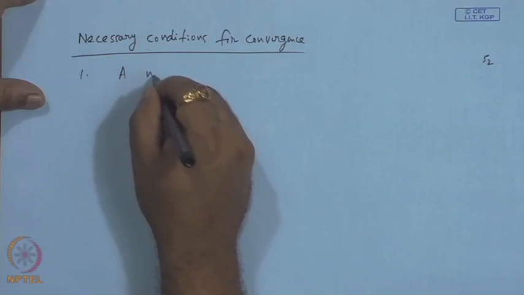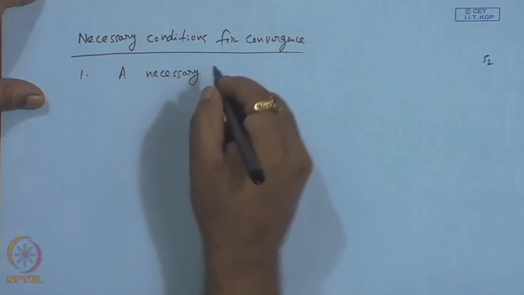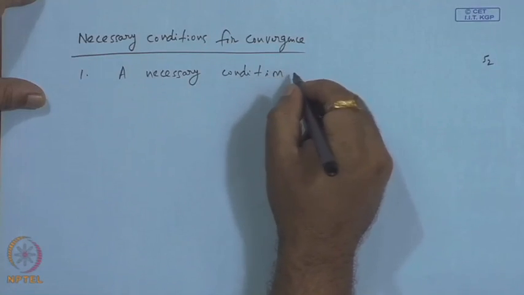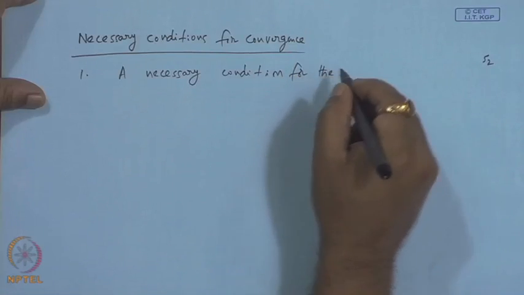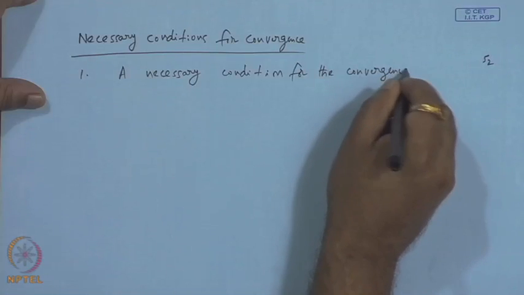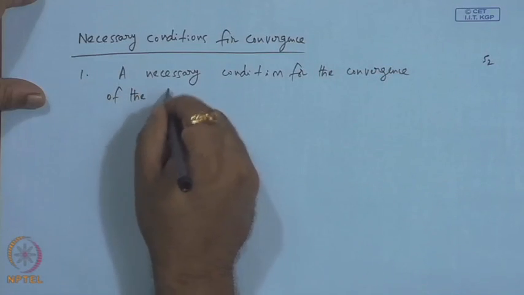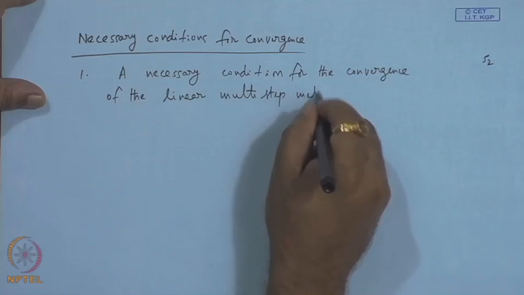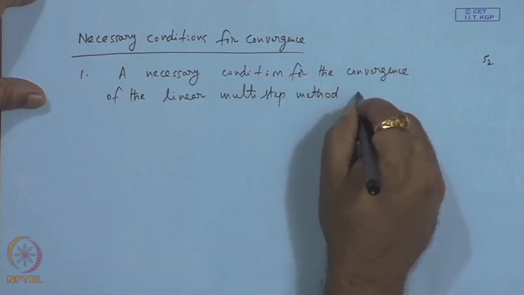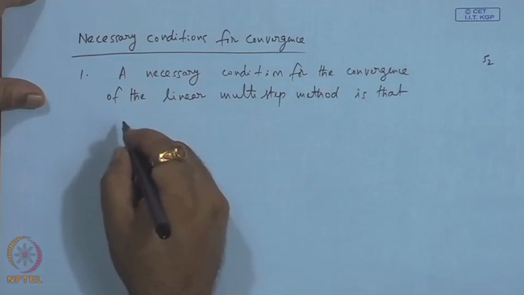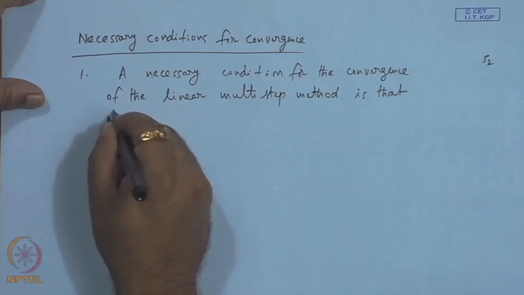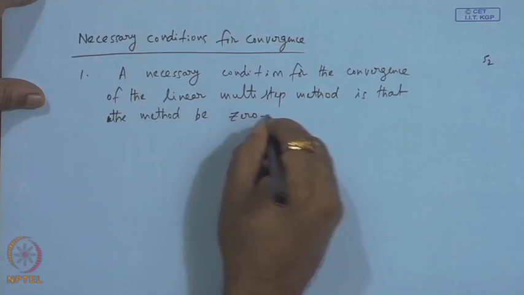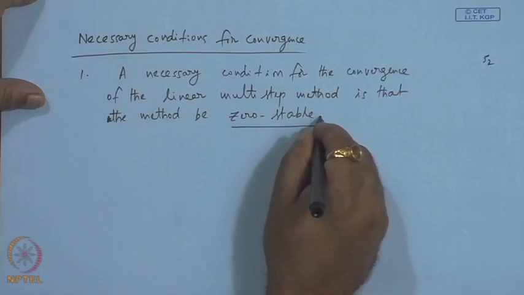One, a necessary condition for the convergence of the linear multistep method is that the method be zero stable, I am underlining.